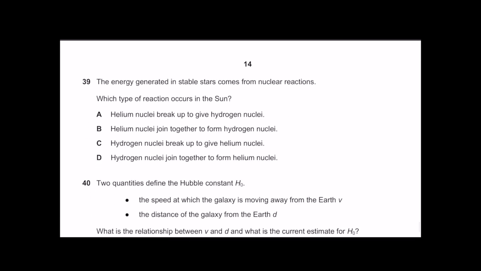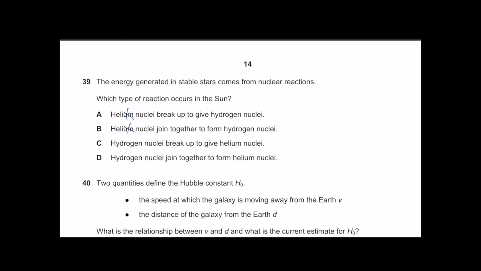For 39, the energy generated in stable stars comes from a nuclear reaction. Fine. Which type of reaction occurs in the sun? You know, in the sun we have a reaction which is helium. We have no helium. Helium again, no. Let's think about hydrogen.